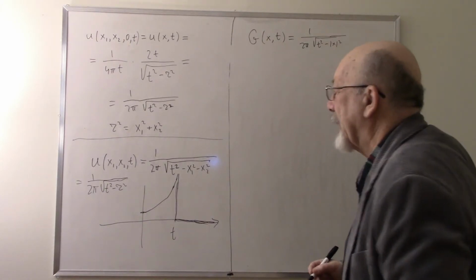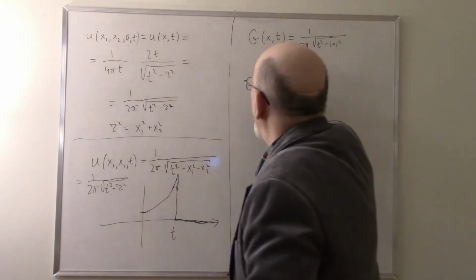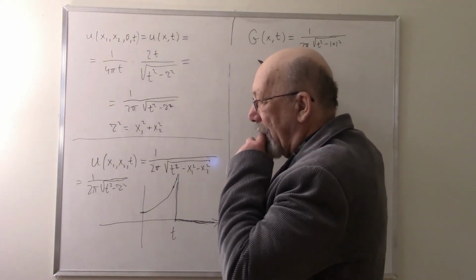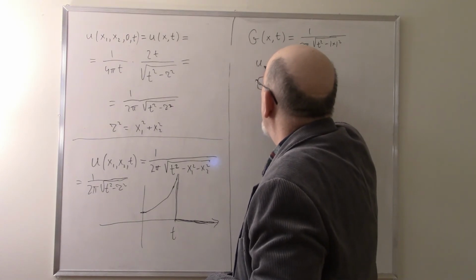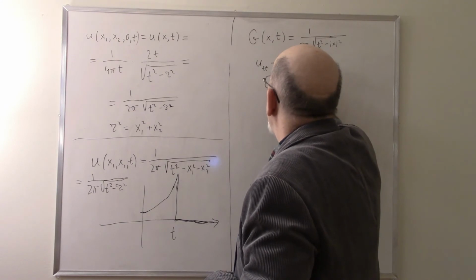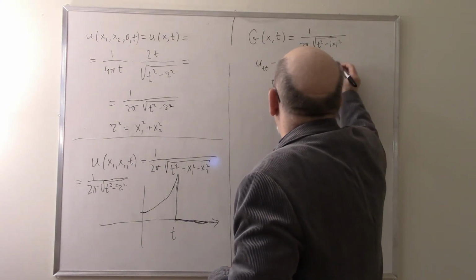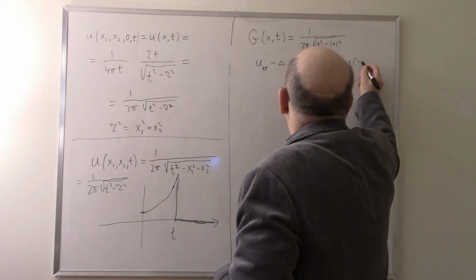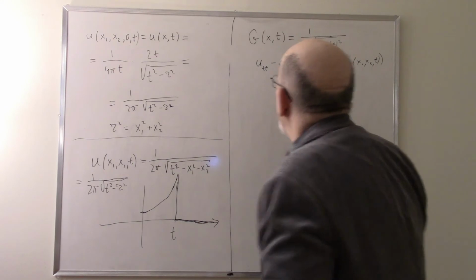And then we can write the solution of our initial value problem. So u_tt minus Laplacian u equals 0, u equals u of x1, x2, t. So it is in the two-dimensional case.